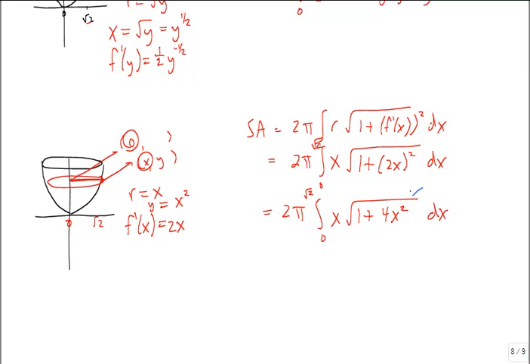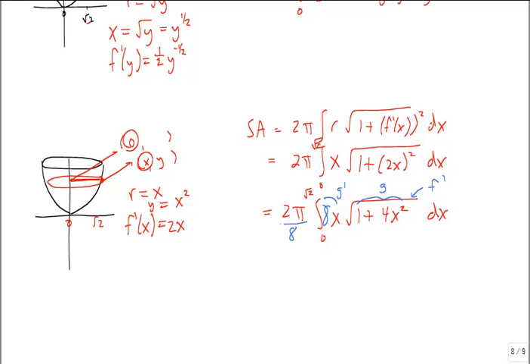My outer function is the square root. My inner function is this 1 plus 4x squared. The derivative of that wants to be an 8x. I have the x, so put in the 8, and now I have the right g prime, counterbalanced by dividing by 8.